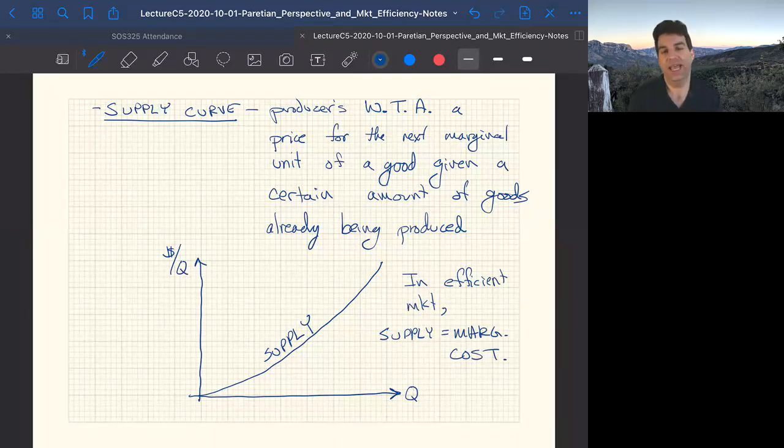So in the efficient market, if I pollute the air, then I not only pay the cost of generating the pollution, but I also pay the cost that goes into the air. But we all know that doesn't happen, right? If you're free to pollute the air, someone else is paying that cost. And so your marginal cost is lower than the total marginal cost to society. So you could view this as a marginal cost to society.